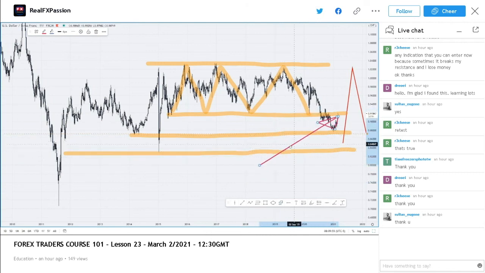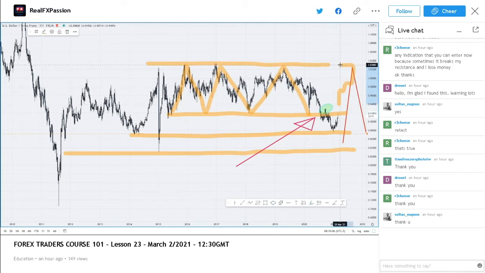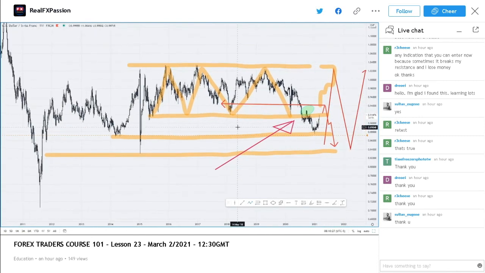Remember, these webinars are not trading or investment advice, but if the market breaks this high in here, the projection is that the market is going to go to the upper band. Okay? You need to do your homework, everybody. This is a projection. But also the market can do anything it wants. It can break the high, find the level of resistance in here, and it can reverse and push to the next layer down here. It's still in consolidation though.